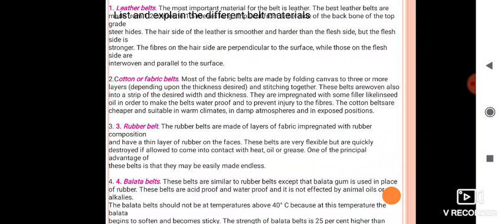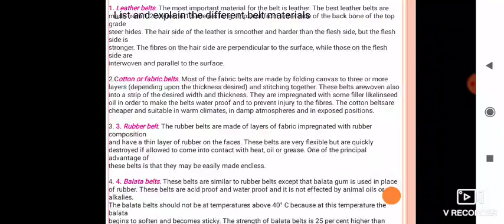So next question, list and explain the different belt materials. Here some types of leather are given. Leather belts, cotton or fabric belts, rubber belts, and balata belts are some types of belt materials.